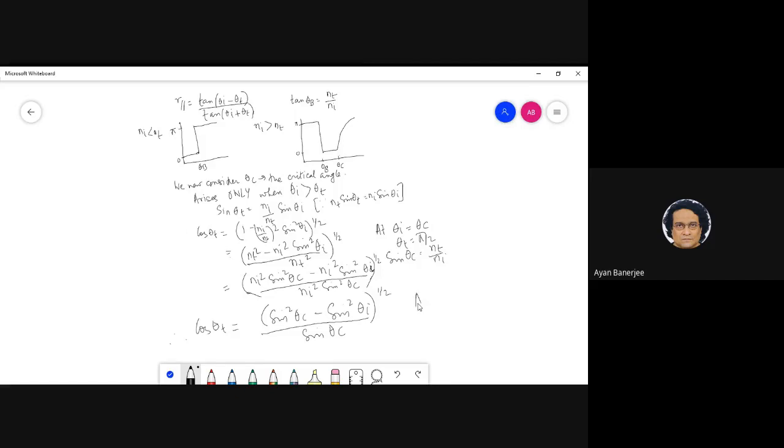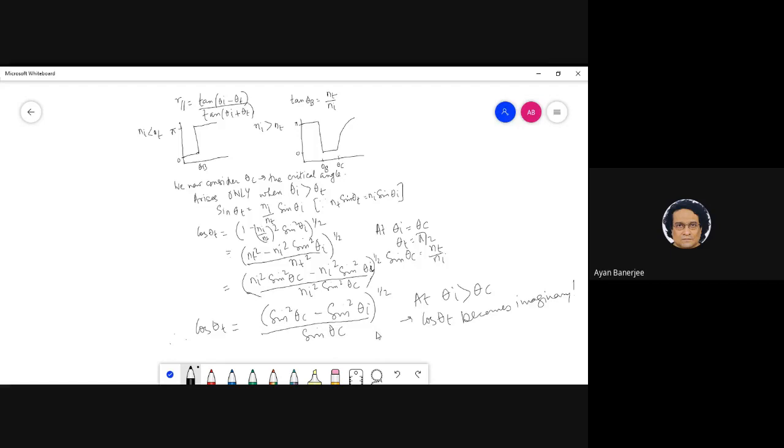And at theta I greater than theta c, what happens to cos theta t? It becomes complex. Imaginary.